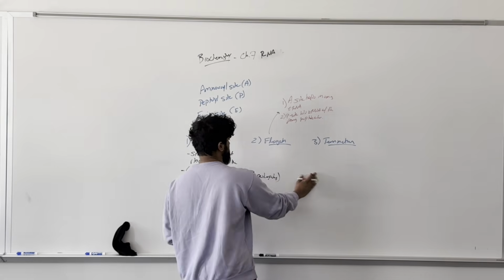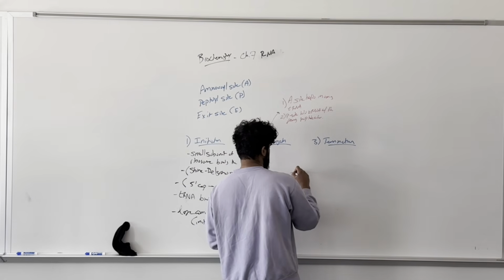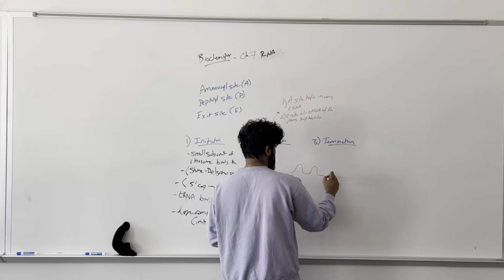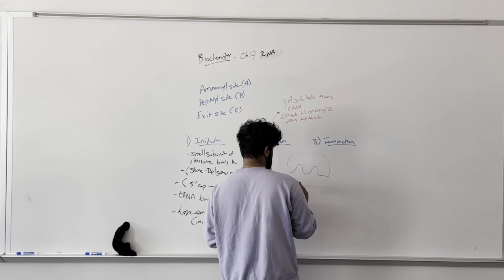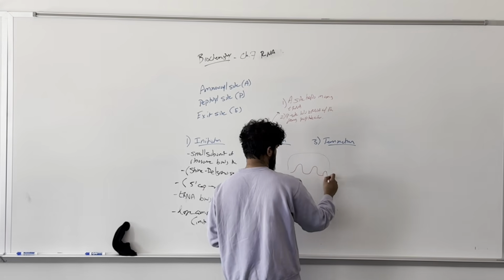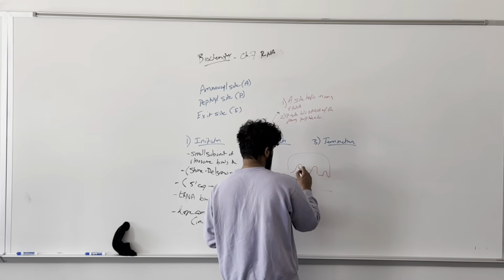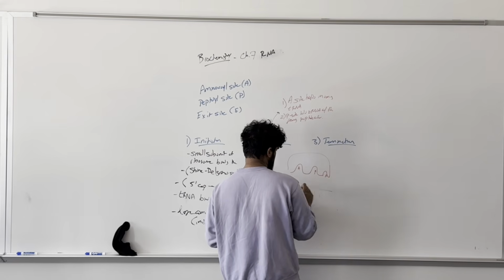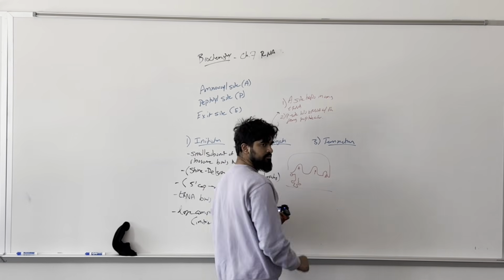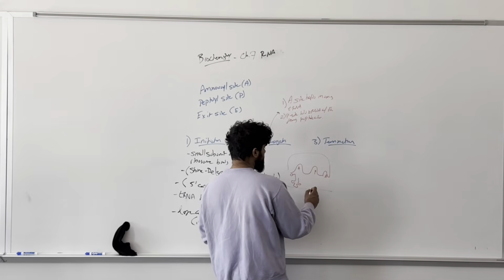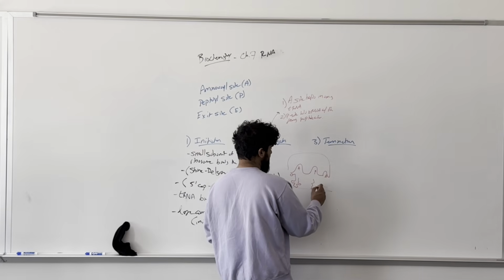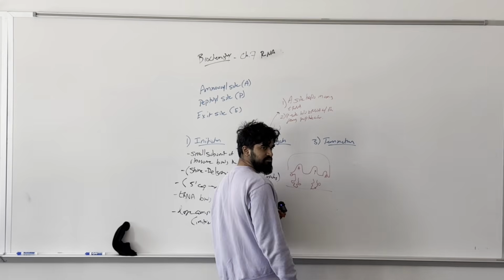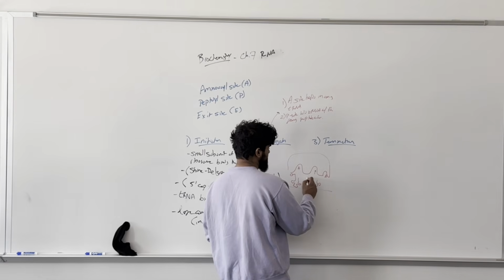Let's look at a diagram of this real quick. This is the A site, the P site, and the E site. Here we have a tRNA with an amino acid on it. And here we have our tRNA, a great tRNA molecule, by the way, with a chain on it.